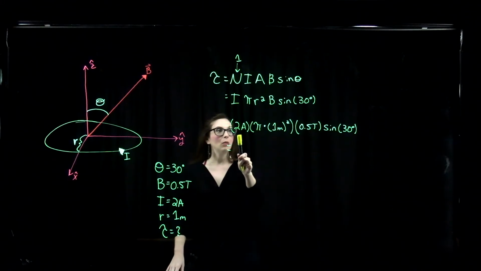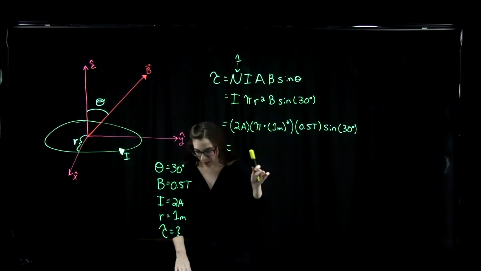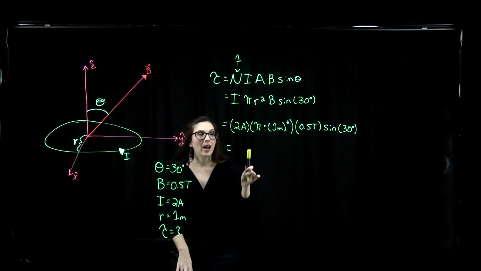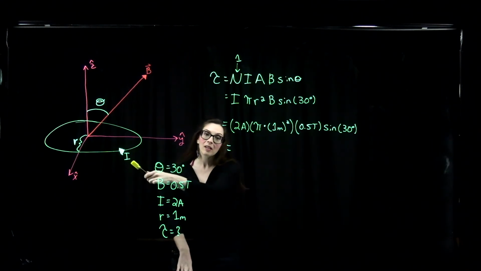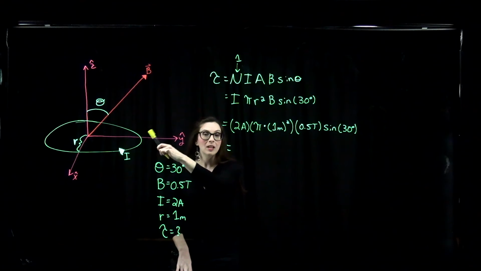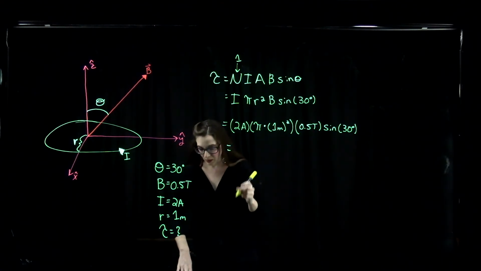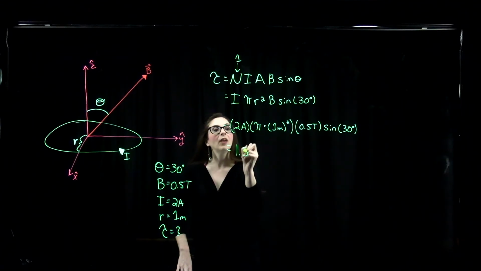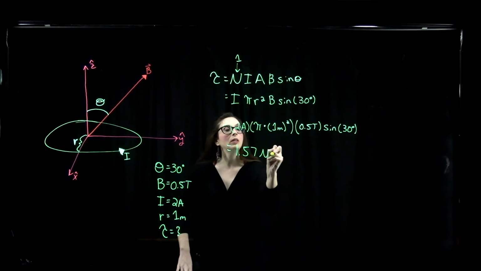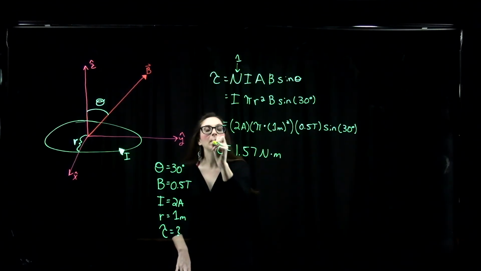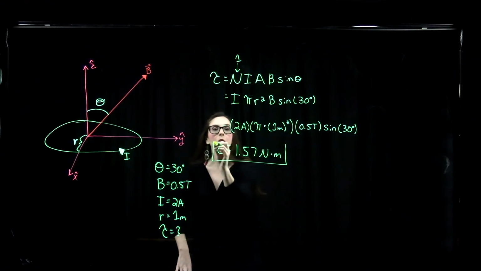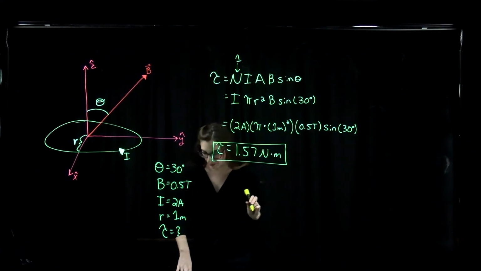Now we multiply all of this out, and we find that our loop, which has a current running through it and is subject to a magnetic field, experiences a torque. That torque is 1.57 Newton meter.